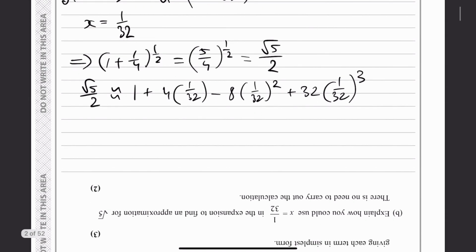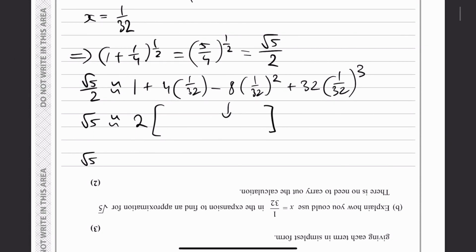And then obviously you can just work out an approximation of 5 over 2 by multiplying everything by 2 on this. I'm not actually going to do this, I'll just put the answer in using a calculator.